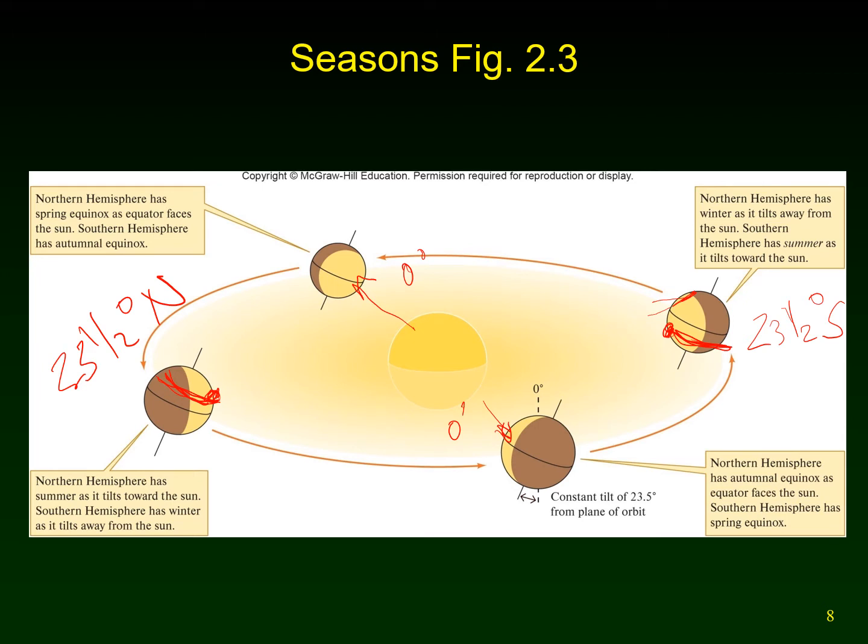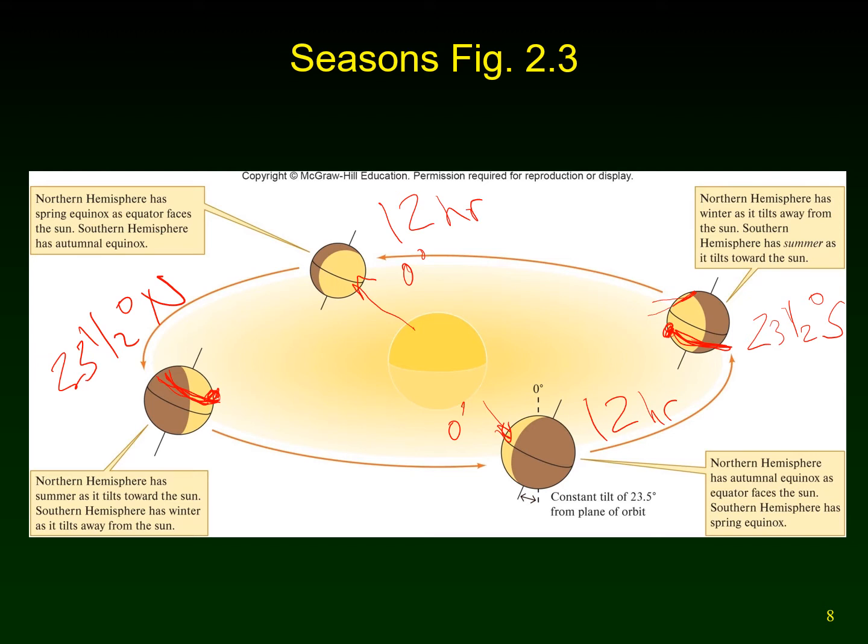When the sun is directly overhead the equator, everyone on the planet, no matter where they are, has 12 hours of daylight on the first day of spring and 12 hours of daylight on the first day of fall. And that doesn't matter where you live on the planet, you're going to have 12 hours.